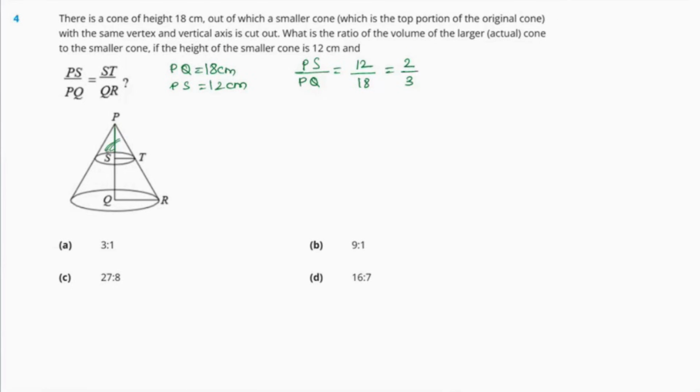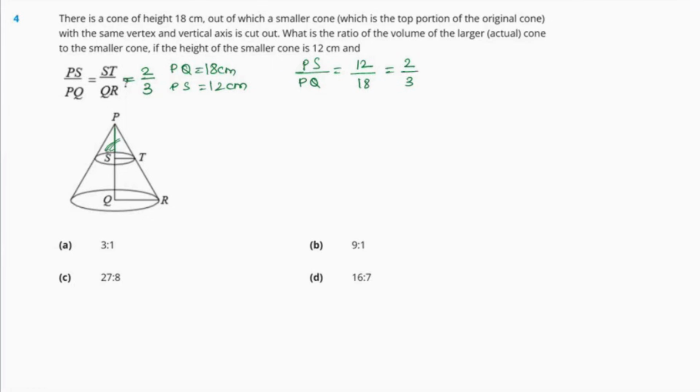Since it is given to us that PS by PQ is equal to ST by QR, and the value of the ratio is 2 by 3, PS by PQ should equal ST by QR, in the ratio of 2 to 3.